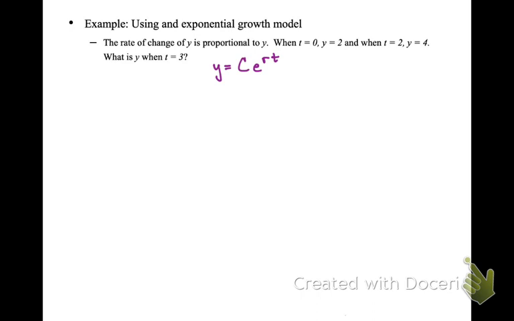So I know 2 equals c e to the r times 0, and I know 4 equals c e to the r times 2.